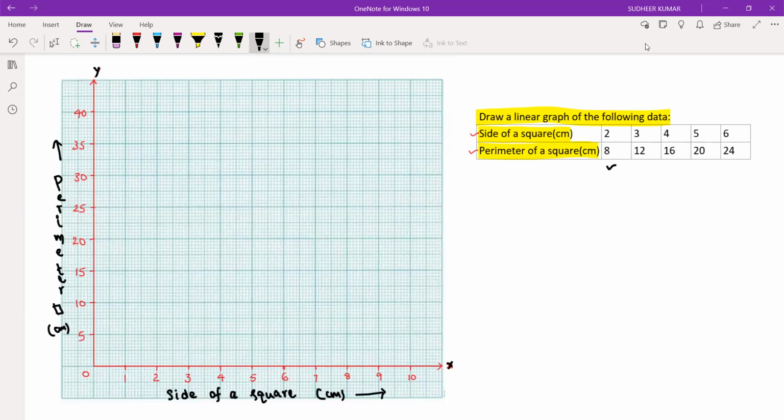So the first one is 2, 8. See here on the x-axis it is 1 centimeter is 1 unit. Let's write the scale. On the x-axis, 1 centimeter equal to 1 unit. On the y-axis, 1 centimeter equal to 1 unit.